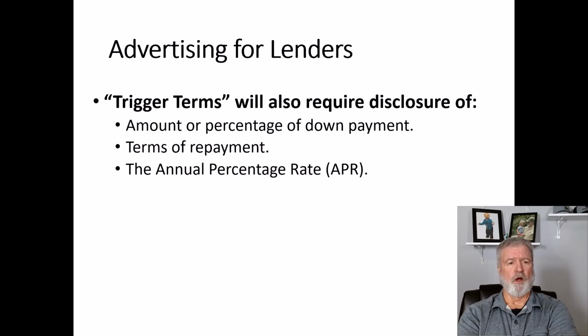And what those disclosures would entail is the amount or percentage of a down payment, right? That would have to be included. The terms of repayment, and what that annual percentage rate is going to be.